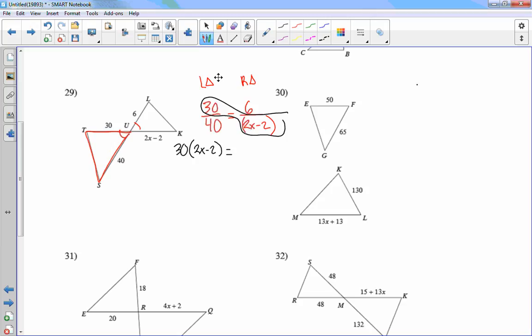Okay, and then now we'll go on the other side. Good, 40 times 6. Now I know 6 times 4 is 24, so that's 6 times 40. Good job, 240. Okay, then how do I multiply these two together?